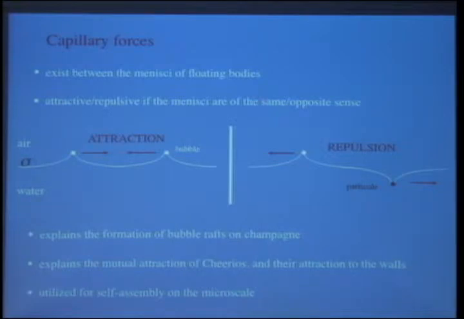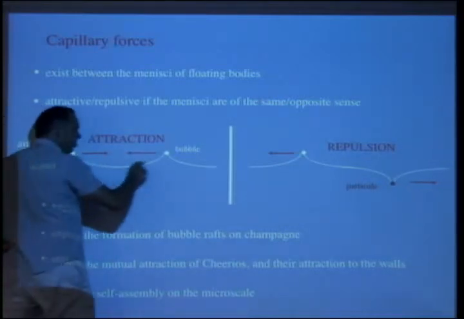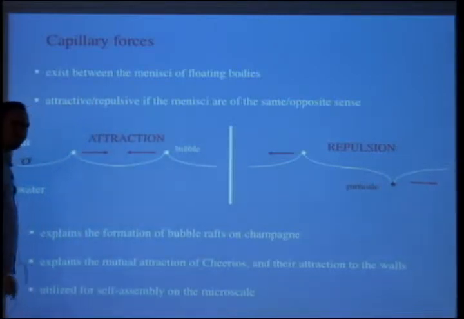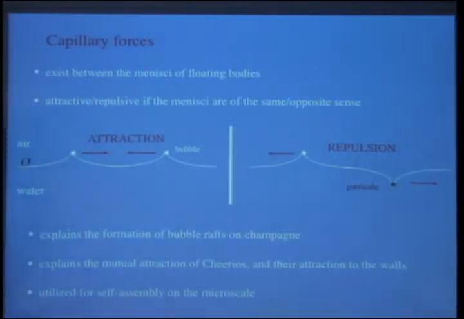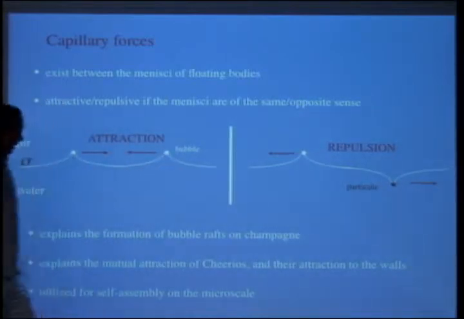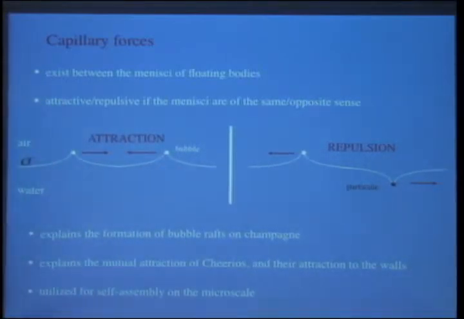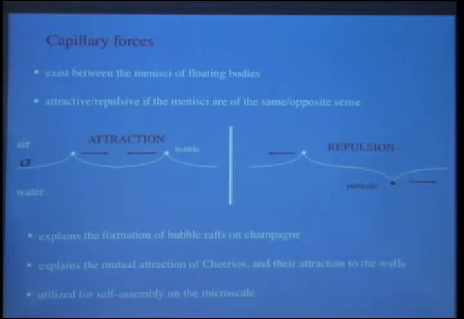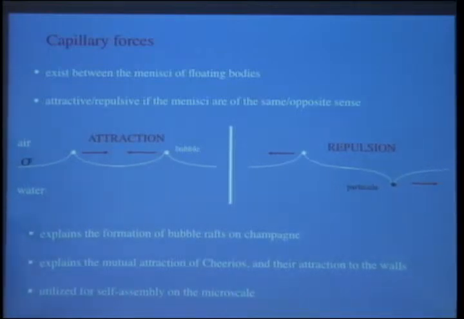If we now have floating objects, so imagine bubbles at the surface, we know that they're generating anomalous surface energy. They're basically pulling upwards locally on the interface, and this creates anomalous surface energy and gravitational potential energy. The question is, what's the minimum energy state?